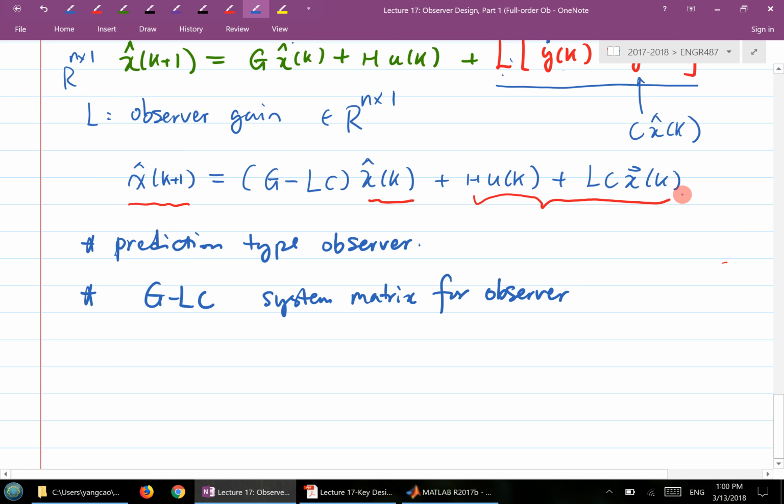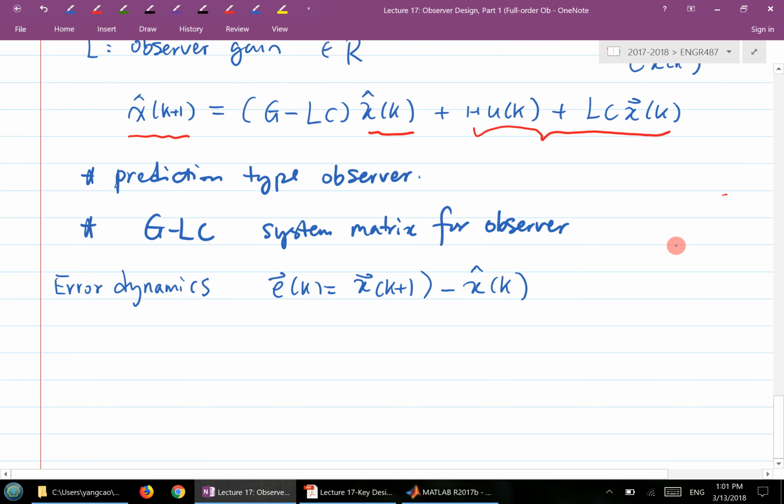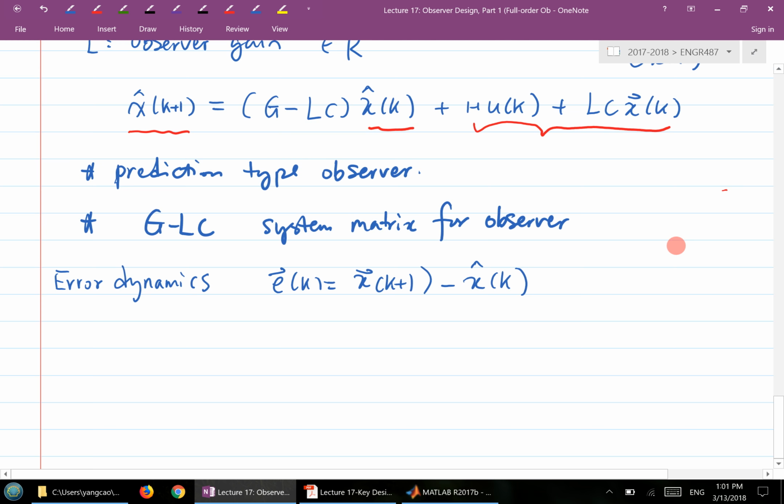Now our objective is to look at the error dynamics. The error is the estimation error we're talking about. So this time I'm going to define this, and actually same thing, but let's use x of k plus 1 minus x hat of k plus 1.